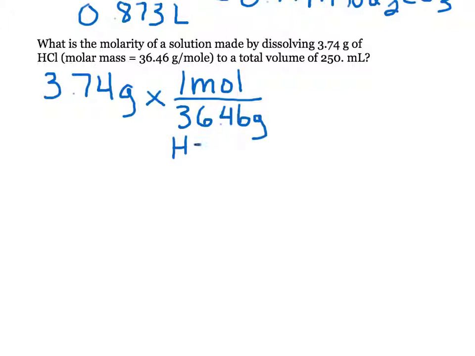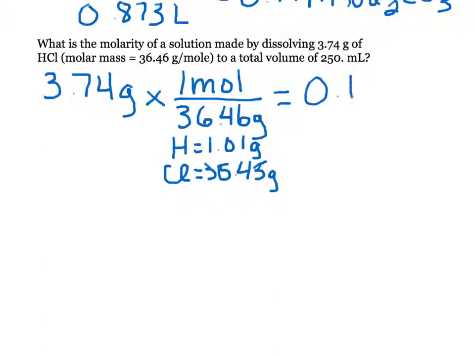That's because hydrogen is equal to 1.01 grams per mole, and chlorine is equal to 35.45 grams, for a final molar mass of 36.46. Well, when we do the math on that, it comes out that we have 0.103 moles of hydrochloric acid.